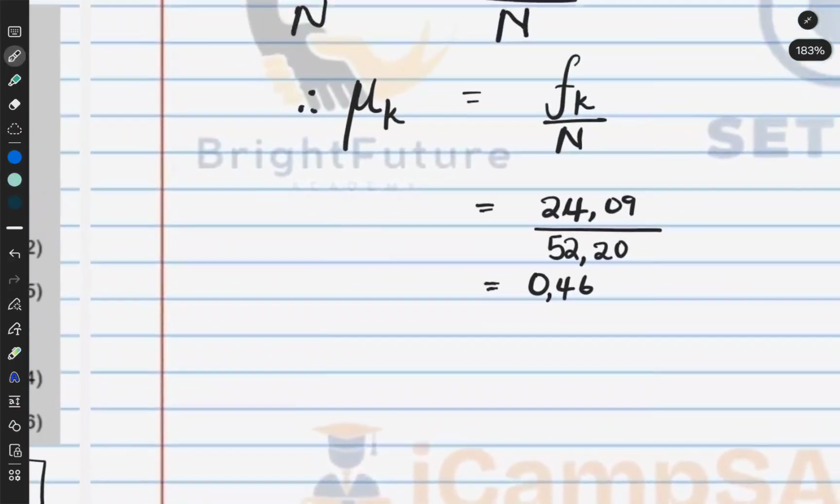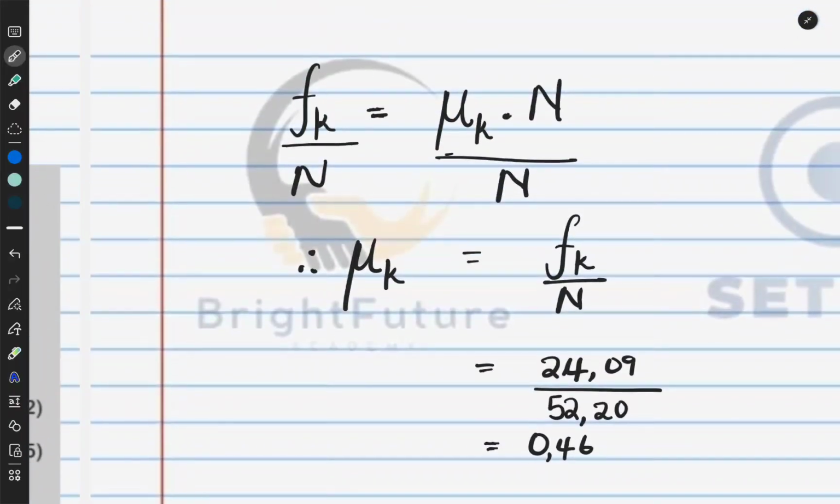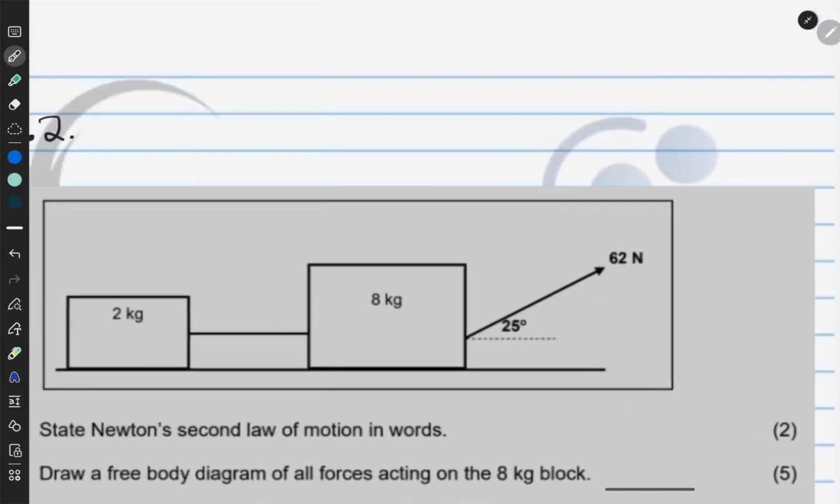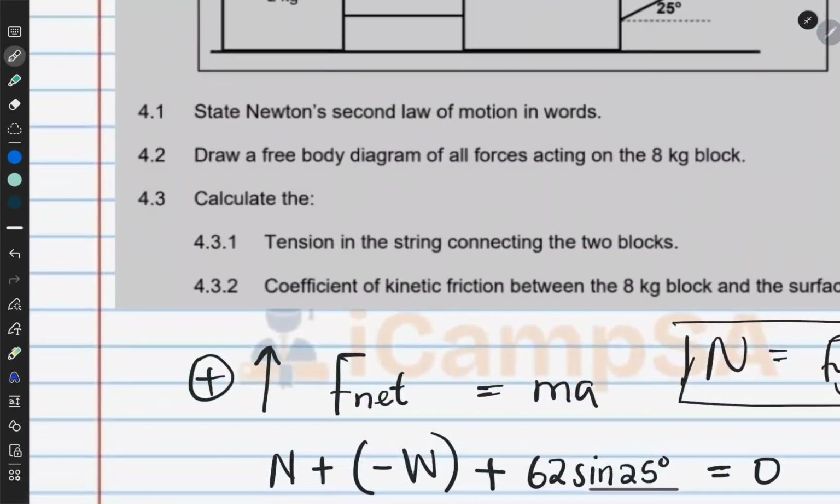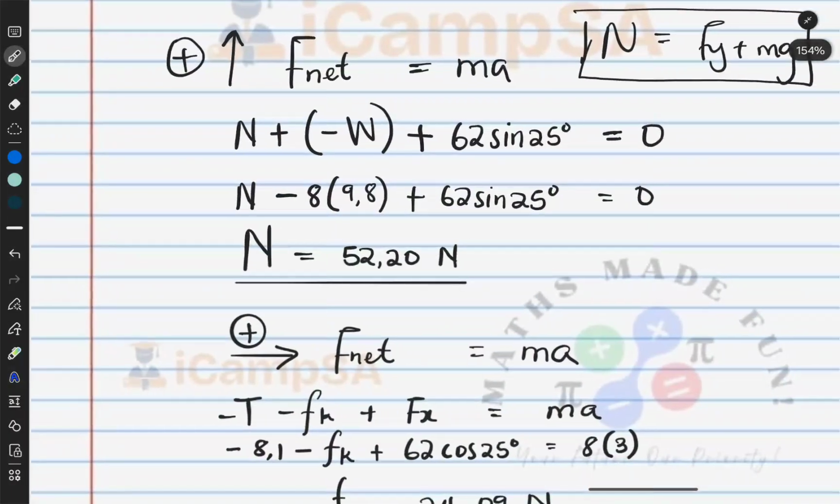If you remember our coefficient of kinetic friction, you have Fk and N. If I decrease that angle, it will affect my N. My N is inversely proportional to the coefficient of kinetic friction. But I must understand, how will it affect my N? Will it decrease or increase my normal force? Let's focus on the normal force.